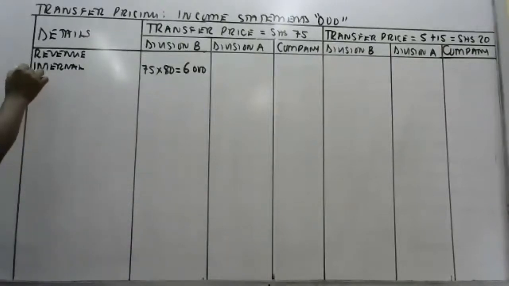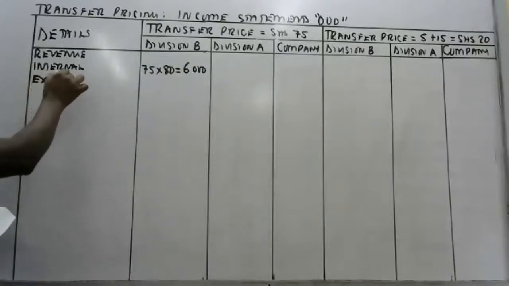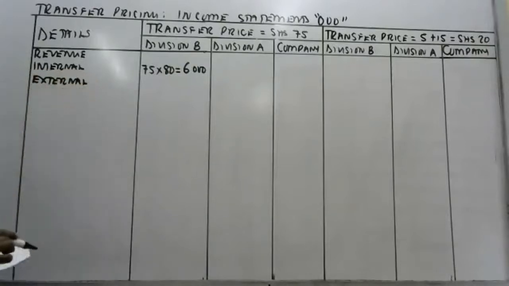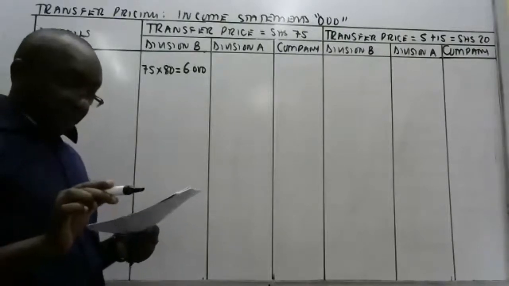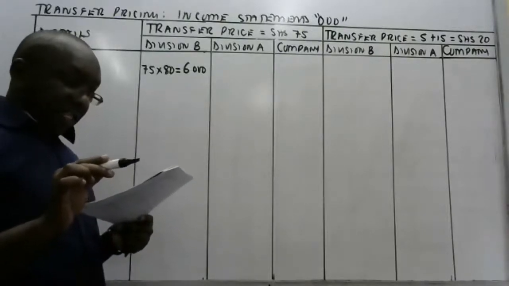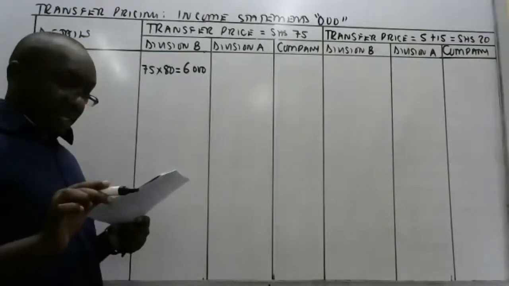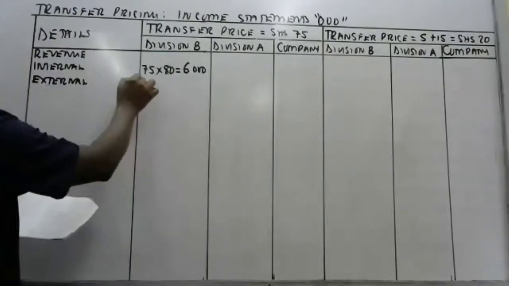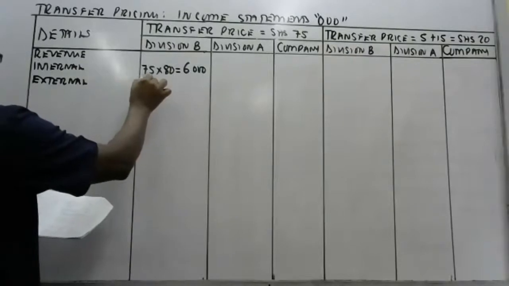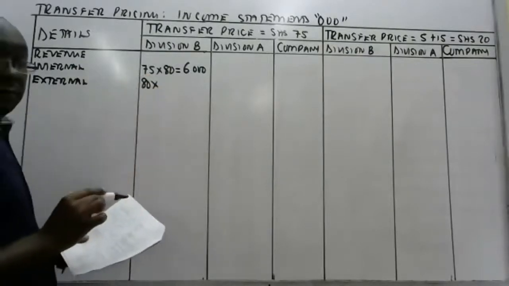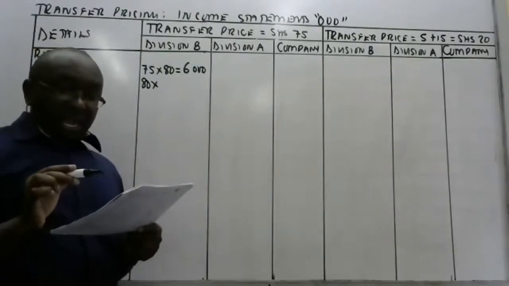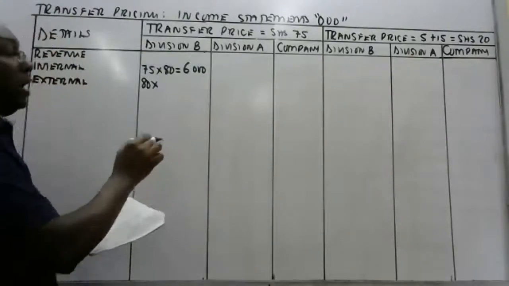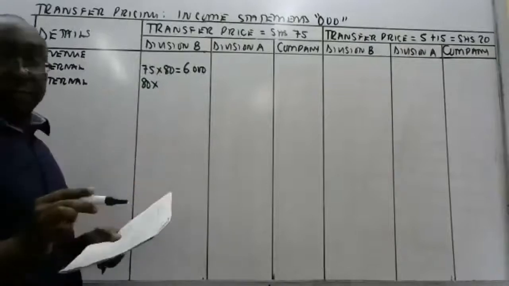Then we come to the external. If you look at division B, the external selling price is 80 shillings. And the external sales will now be how many?